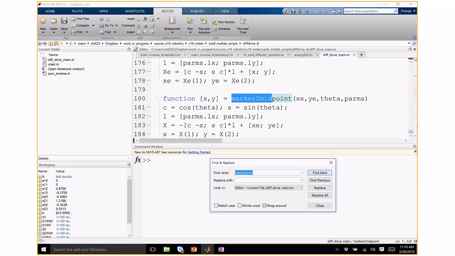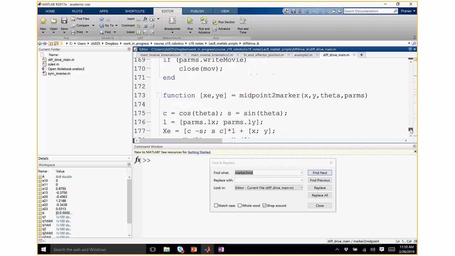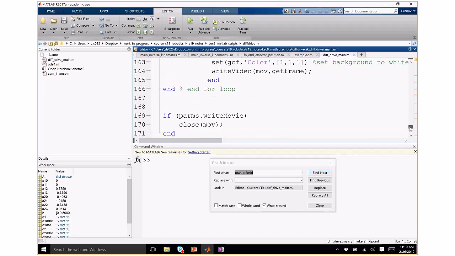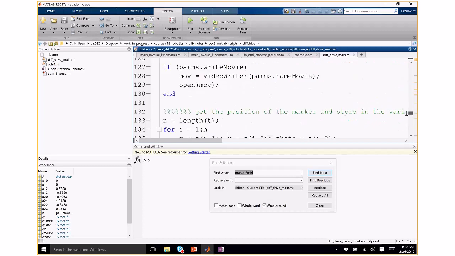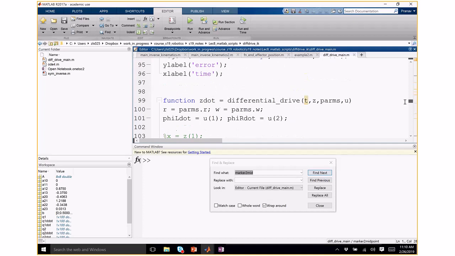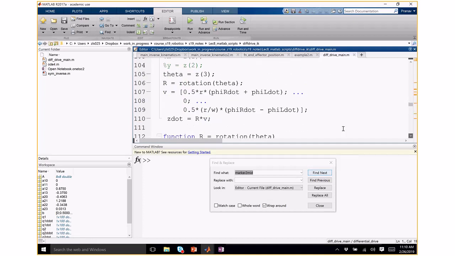Okay, that should have my equation now. The equation is, sorry, differential drive. This is where the equation is.